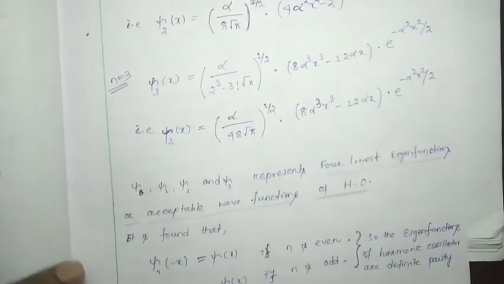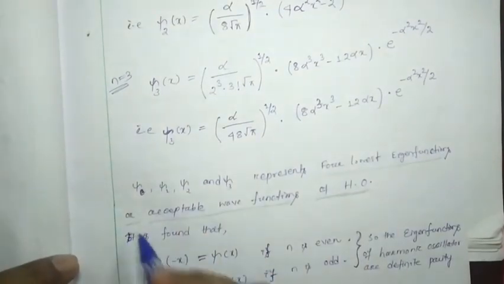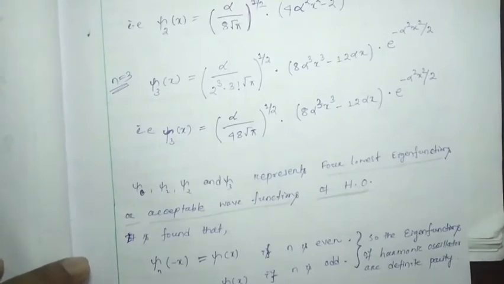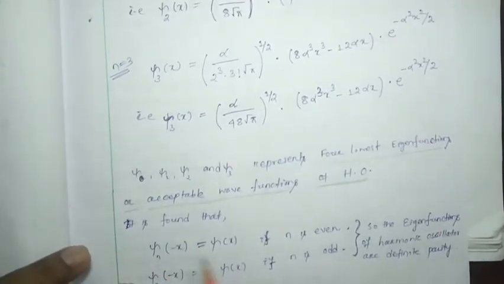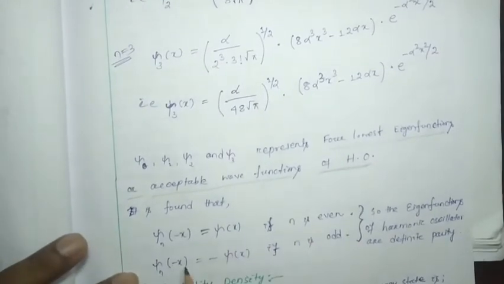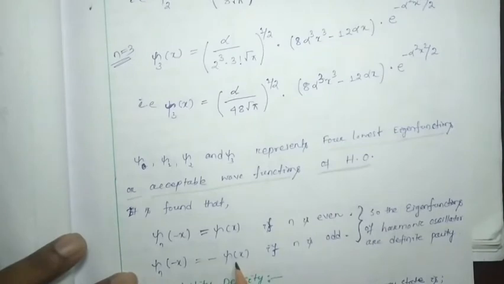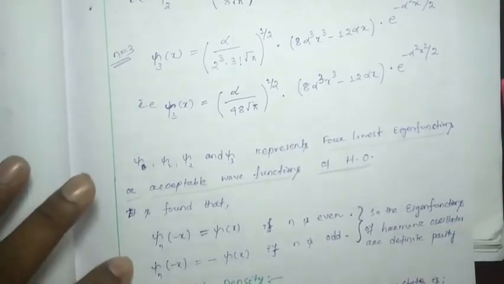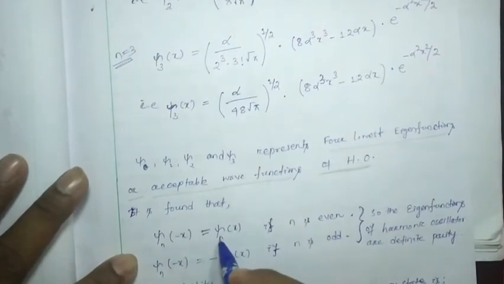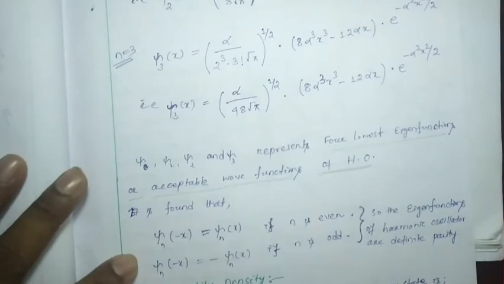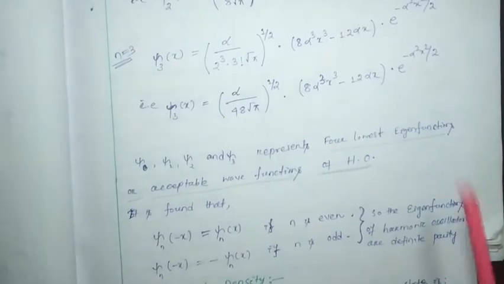And here we found one thing: Hn of minus x is equal to Hn of x when n is even, but Hn of minus x is equal to minus Hn of x when n is odd, so psi n of minus x equals psi n of x for even n, and minus psi n of x for odd n. You just check it.